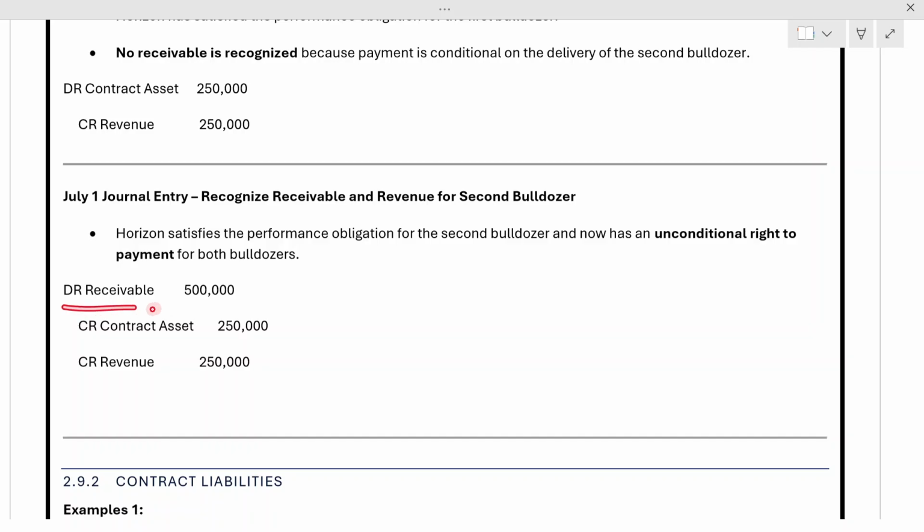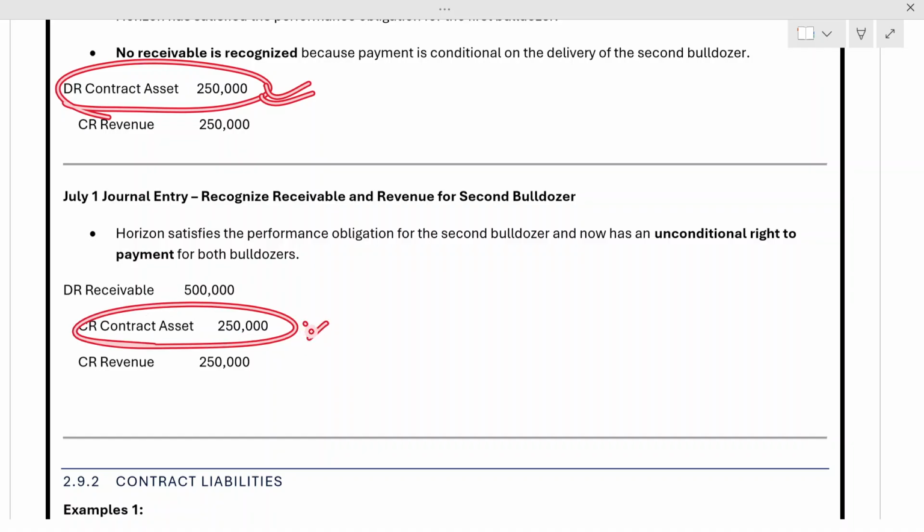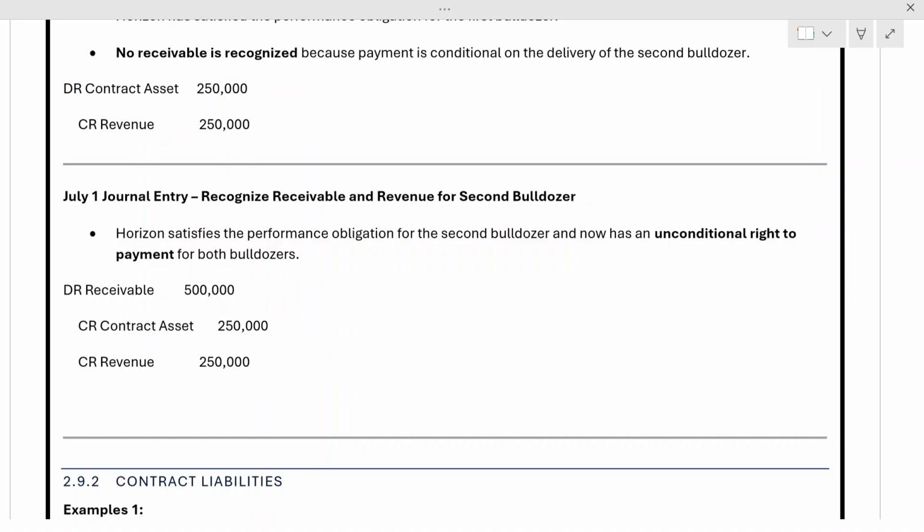So they will show on the debit side $500,000, $250,000 for each bulldozer, making it $500,000. And similarly they had debited the contract asset. Now this needs to be cancelled out, so it is credited here. And for the second bulldozer the revenue needs to be recognized, so the second bulldozer's revenue is credited here. So this was the thought behind the contract assets.